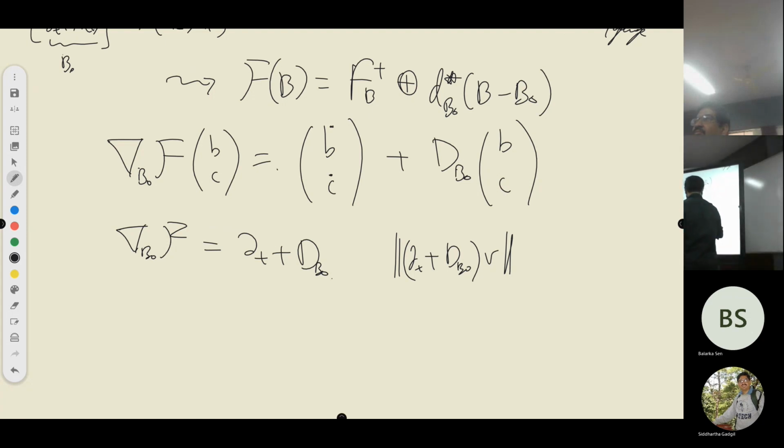Then this turns out to be fine whenever db naught is invertible at the very end. In the middle, you don't care what happens, just that it's Fredholm. But at the very end, you need it to be an isomorphism.